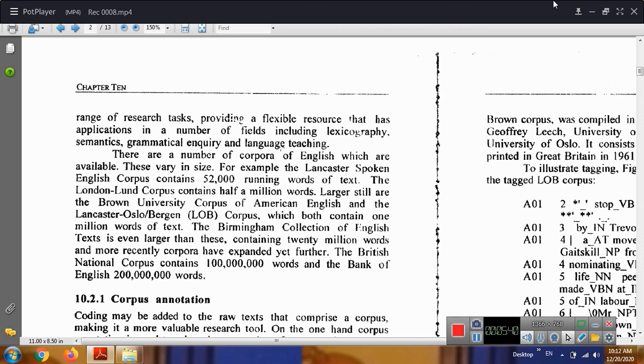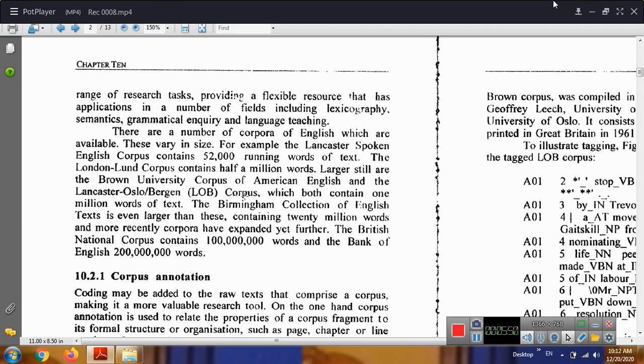Corpus linguistics is very useful in these fields. There are a number of corpora of English which are available. These vary in size. As I told you, corpora can be different from each other by their size.